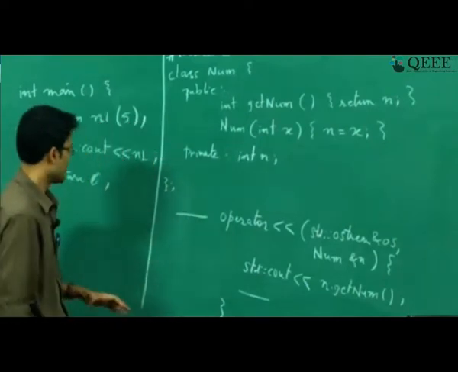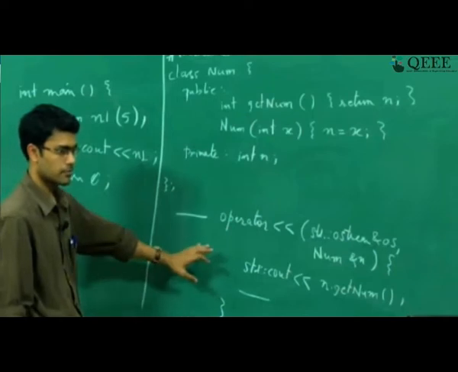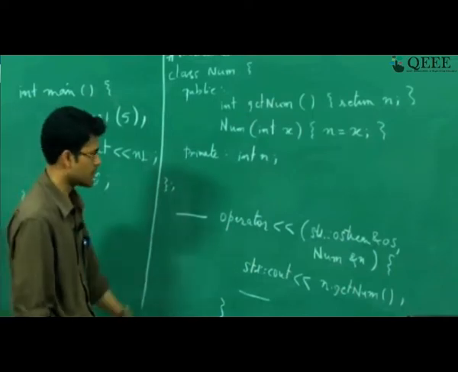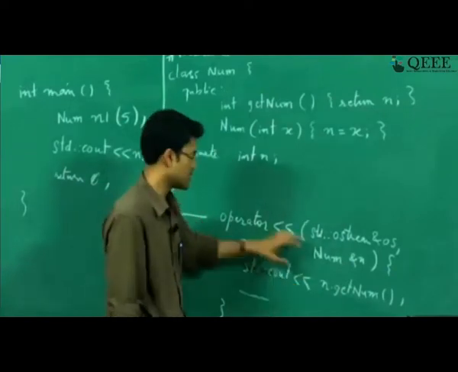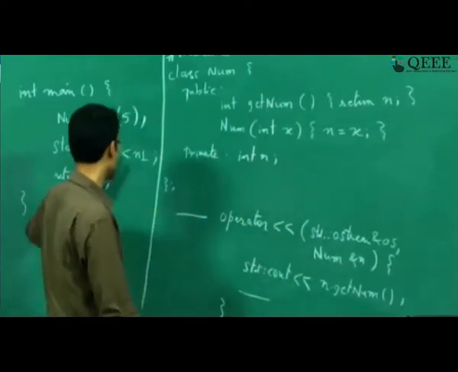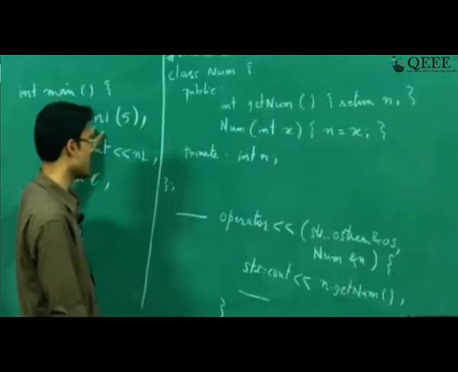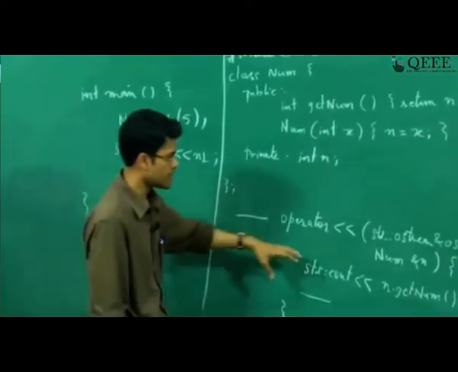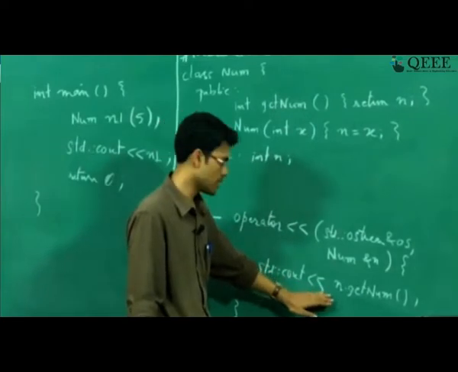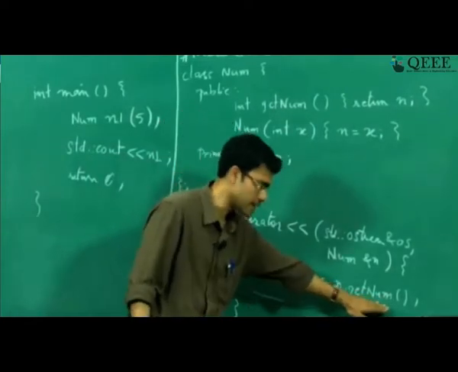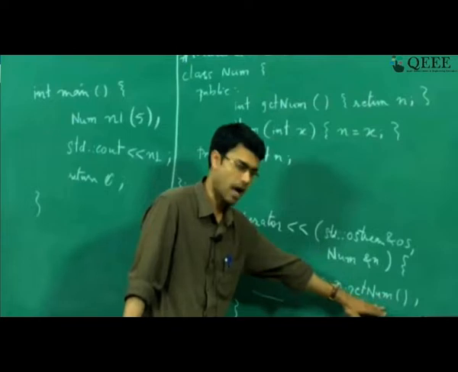But the purpose of this one is that the left shift operator on ostream and num as the 2 types is now using the left shift operation with n.getNum as the argument.